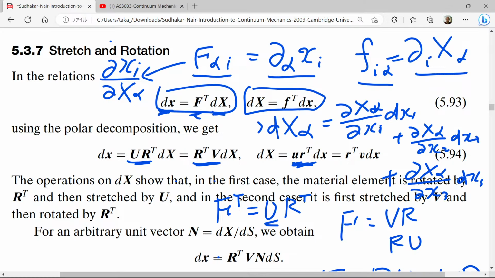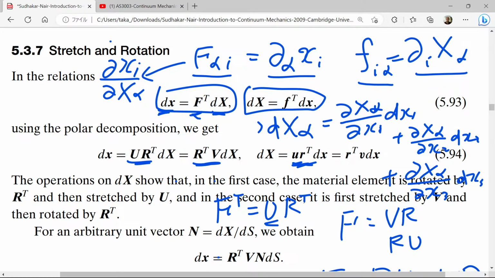The operation on X, on dx, shows that in the first case, the material element is rotated by R transpose and then stretched by U. In the second case, it is first stretched by V and then rotated by R transpose.